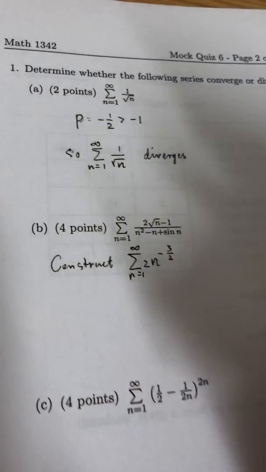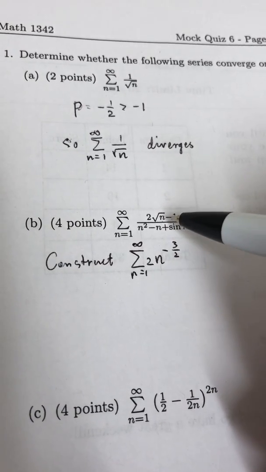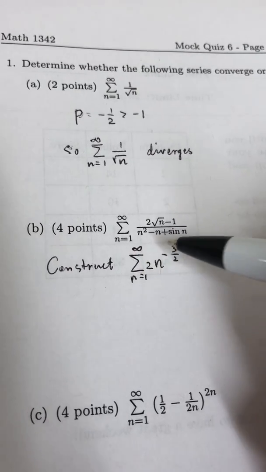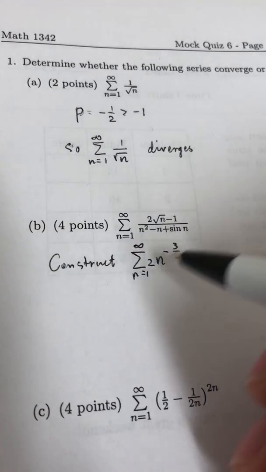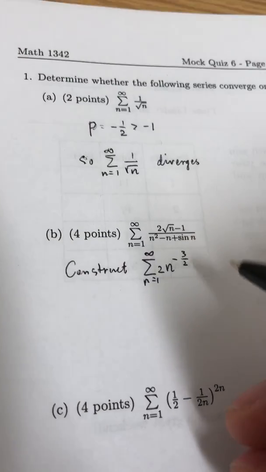Okay, so construct this. That's the first step. And then you take the limit of the quotient of these general terms. You use this, divide by this. Of course, that 2 is not really important. You don't have to write it there if you don't want.